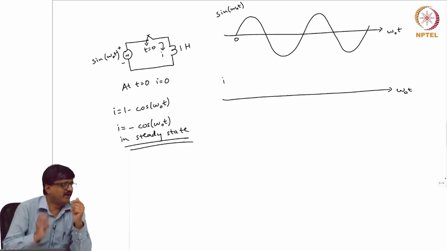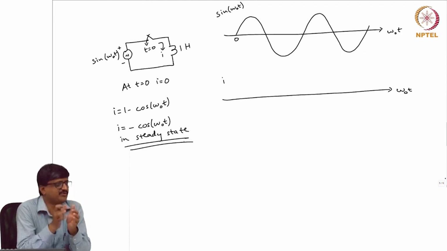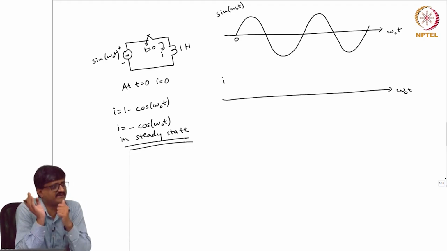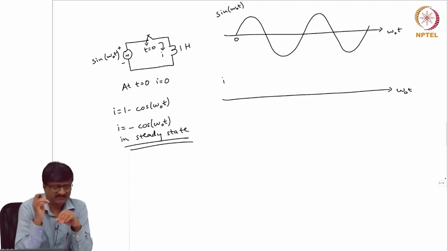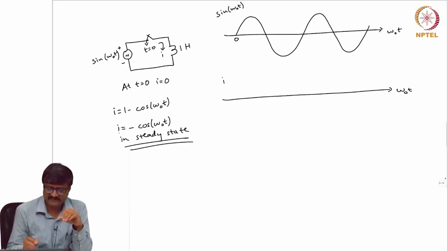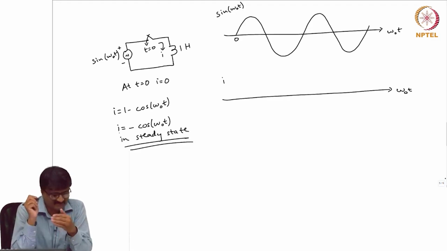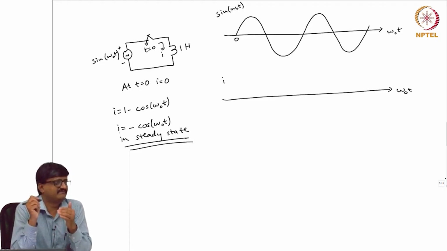But as we go on, we are only considering circuits which represent some physical system. When we consider a circuit which represents some physical system, resistance equal to 0 does not mean there is no resistance. It just means resistance is negligible. That's all. So the steady state waveform will be equal to minus cos omega_0 t because resistance is ignored. I hope it's clear.